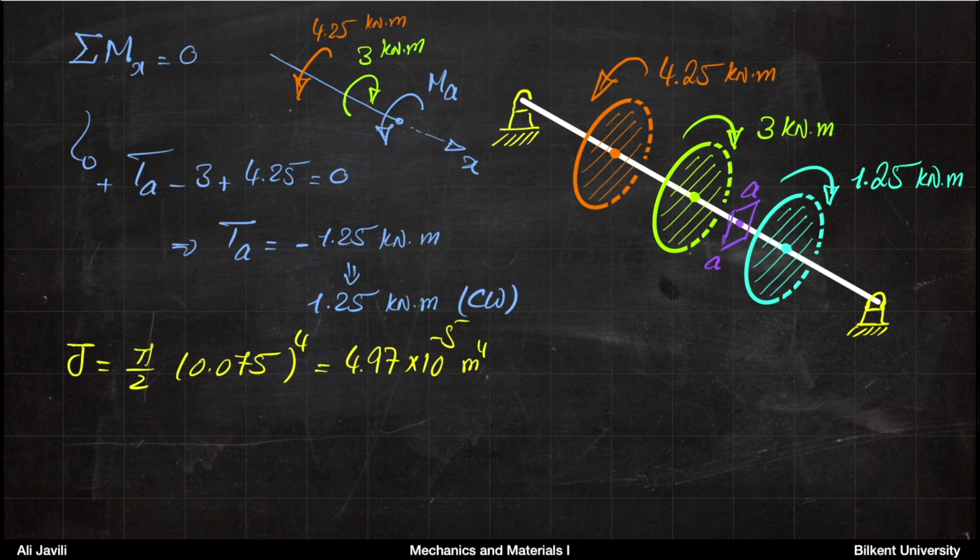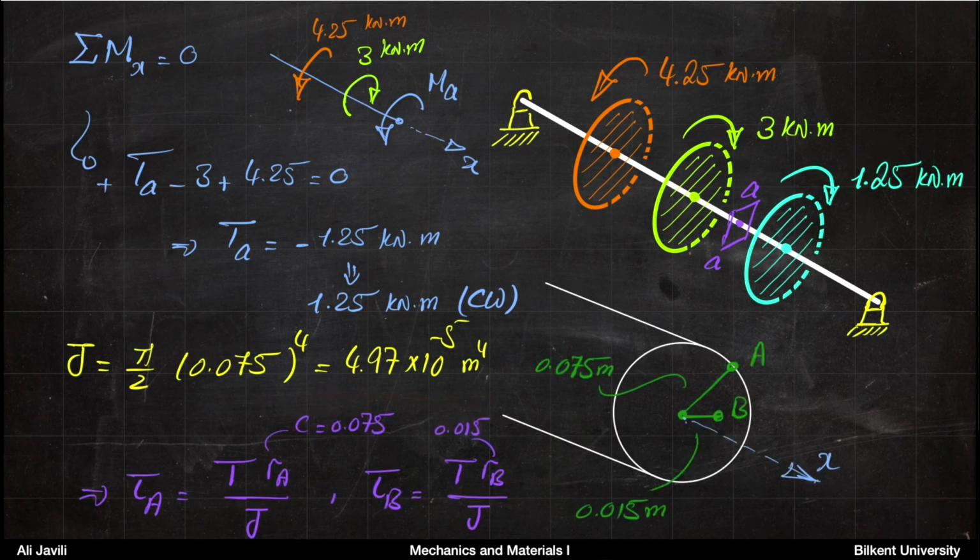So we can calculate J. Then from the relation tau equals TR over J, we can calculate the shear stress for points A and B. Pay attention that points A and B are at different distances from the center, so they have different radius, but they are at the same cross section, so they have exactly the same torque, and it's a uniform cylindrical shaft, so J is also the same.